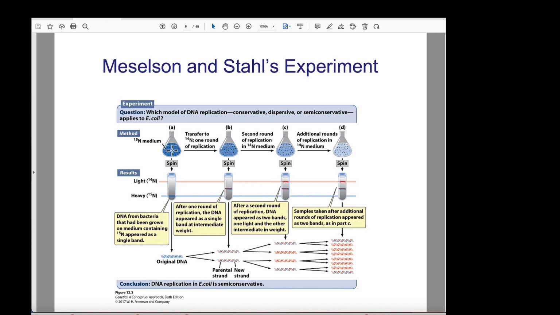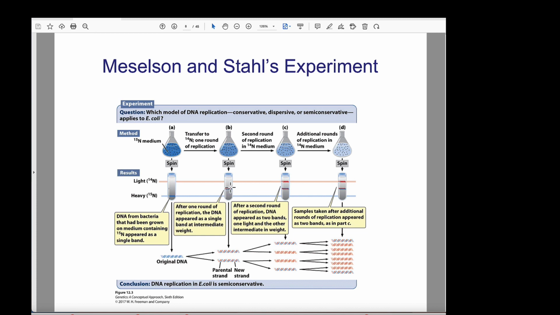When it is run on high centrifugation, you see that there are different bands that show up that correspond to the weight of the DNA that is being centrifuged. Initially you have one band that shows at the N15, which is all heavy nitrogen.